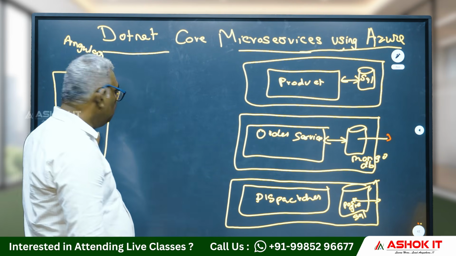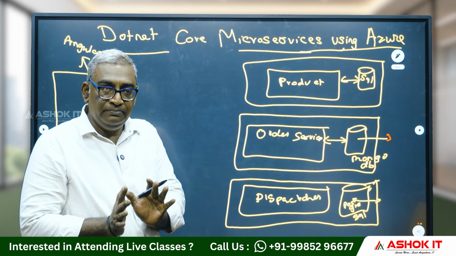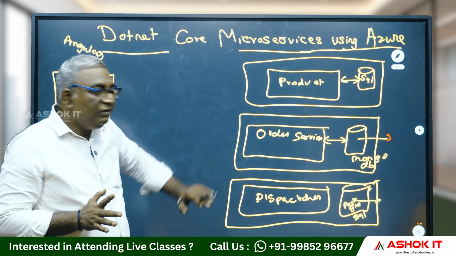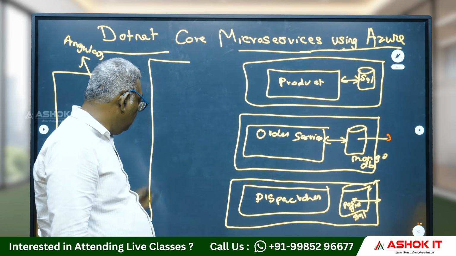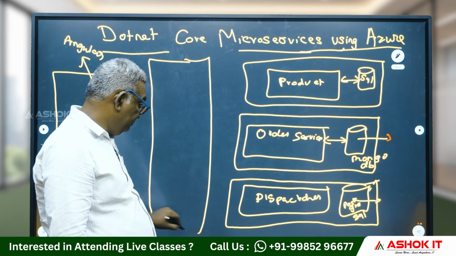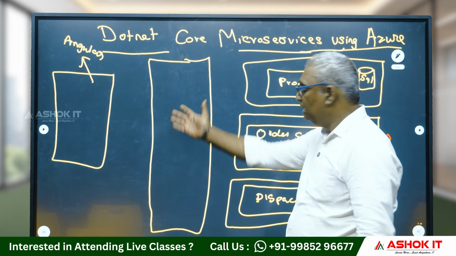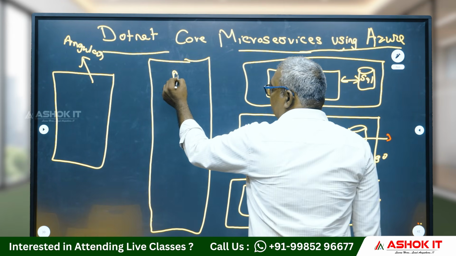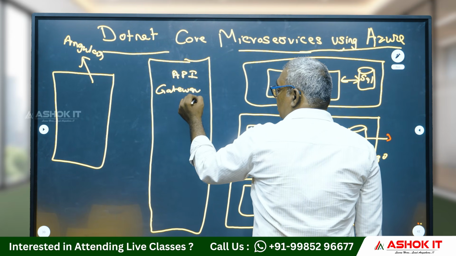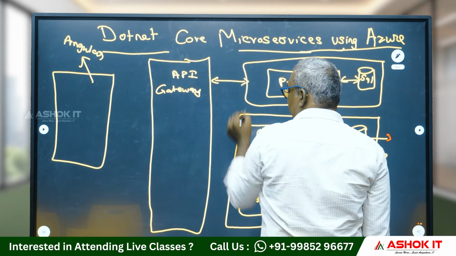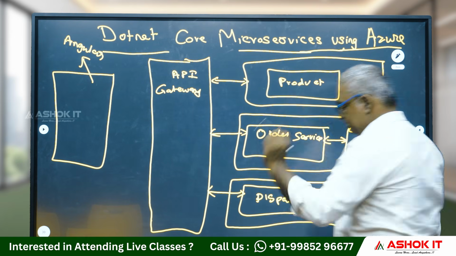So the client should not make three calls from Angular. To avoid these frequent calls from Angular, we are going to build an intermediary called API gateway. This API gateway will make a call to the product service, the order service, and the dispatcher service.